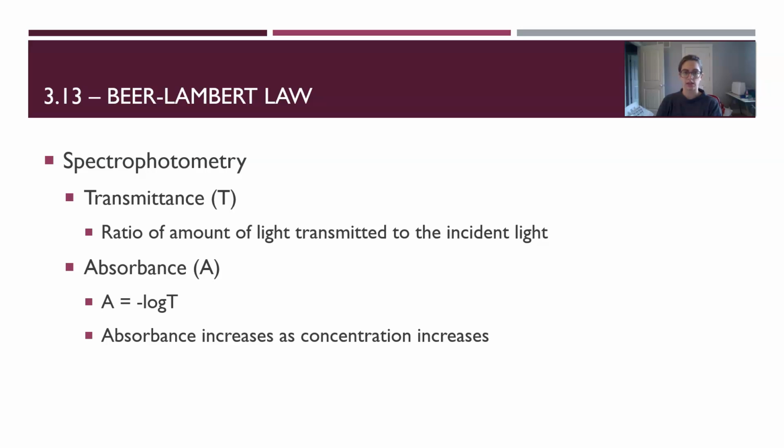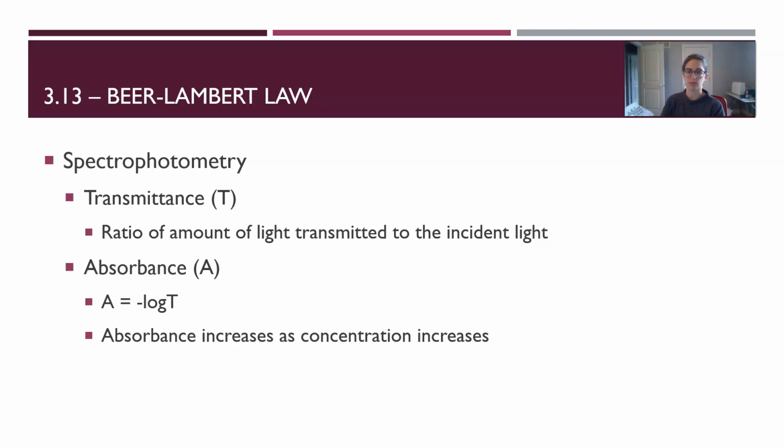Absorbance is almost the opposite. It's opposite in concept. Absorbance can be calculated by the negative log of transmittance, and it looks at how much light is absorbed instead of how much light goes through. Absorbance is going to increase as your concentration increases.